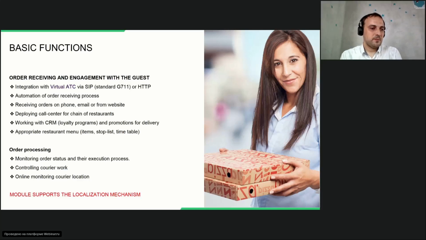Basic functions at this moment are integrations with PBX systems like Asterisk or other, automation of order receiving processes and order delivery processes. Also, you're able to receive orders by your phone, email, or website. We have also developed a call center scheme to use these models in chains of restaurants.